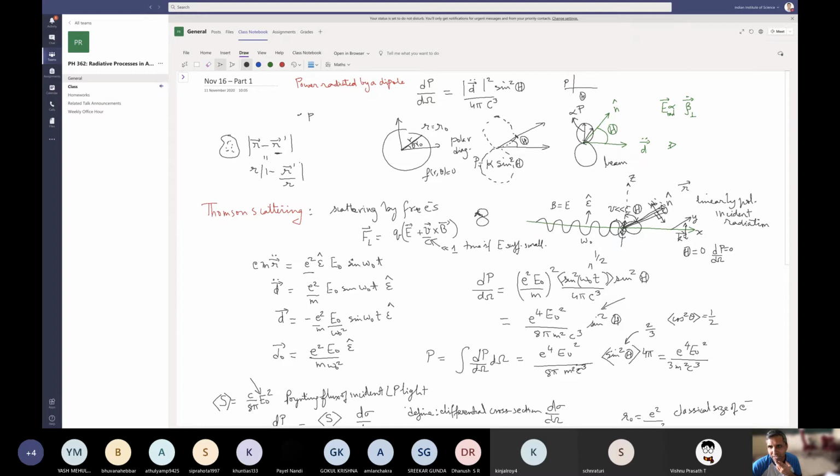But if you are seeing in the y hat direction, your acceleration is still perpendicular, right? If you're seeing from outside this plane, you will see this acceleration. So if you're watching in the y hat direction, you should see non-zero radiation, won't you?